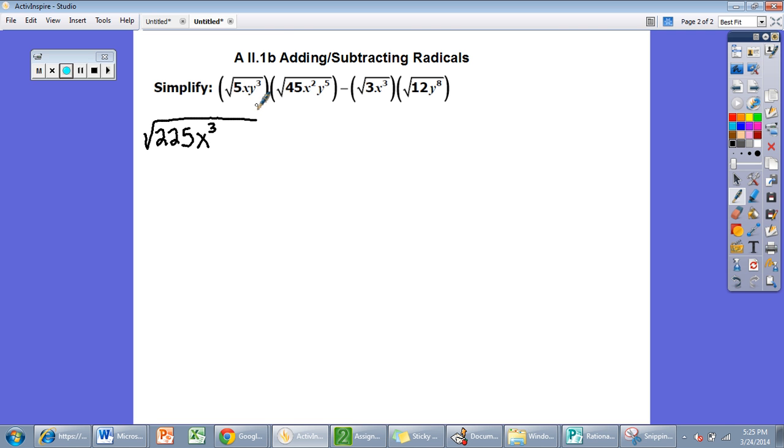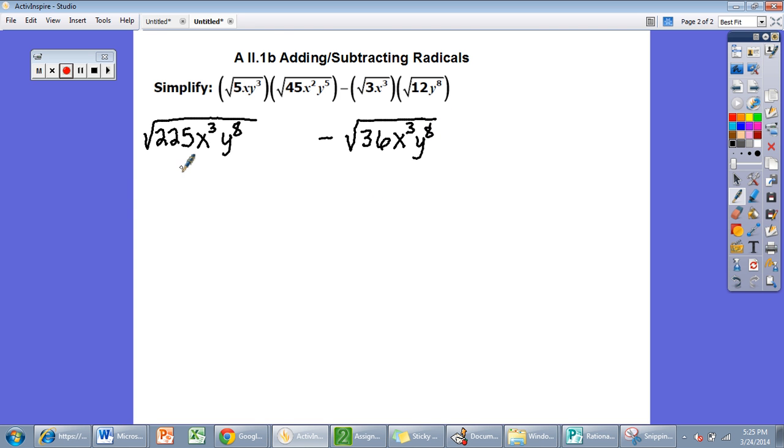Y cubed times y to the fifth, again we add our exponents, and we get y to the eighth. Now we're going to multiply these two radicals together. 3 times 12 is 36. Okay, I don't have any x's over here, so I just have x cubed. I don't have any y's over here, so I just have y to the 8th.